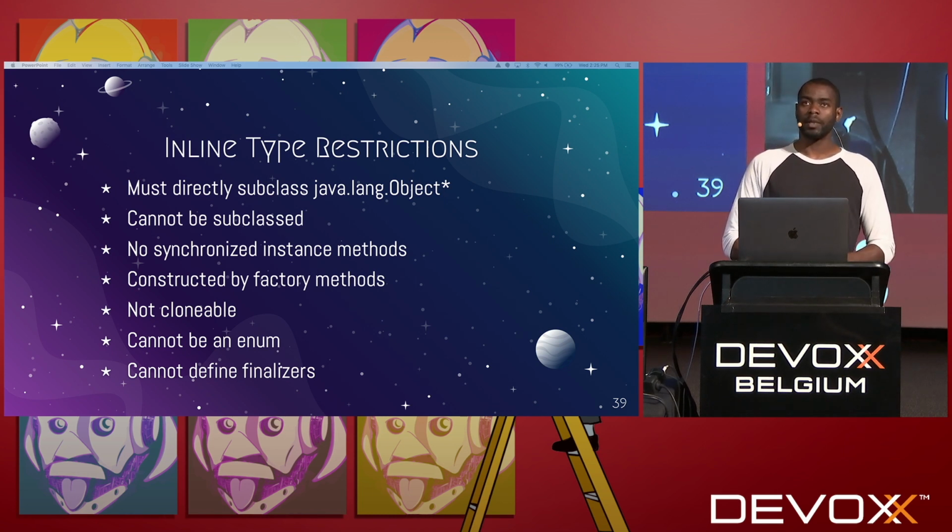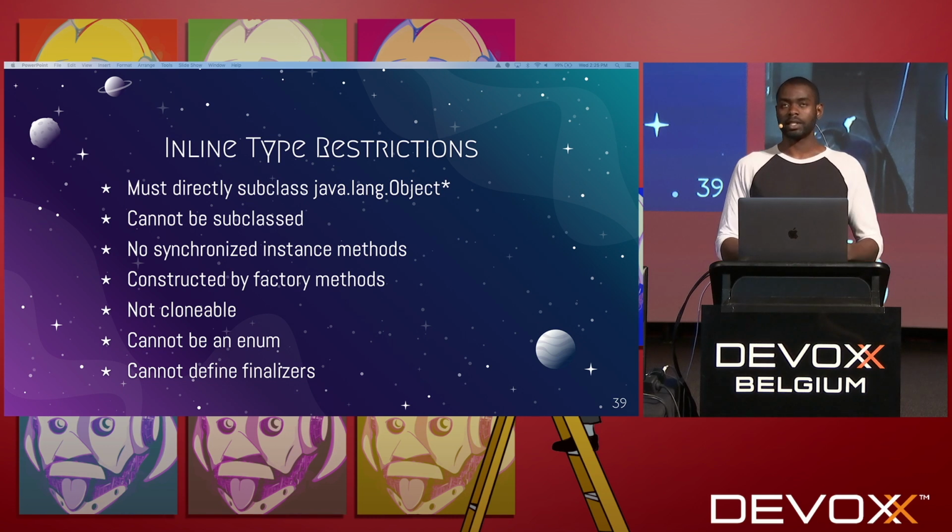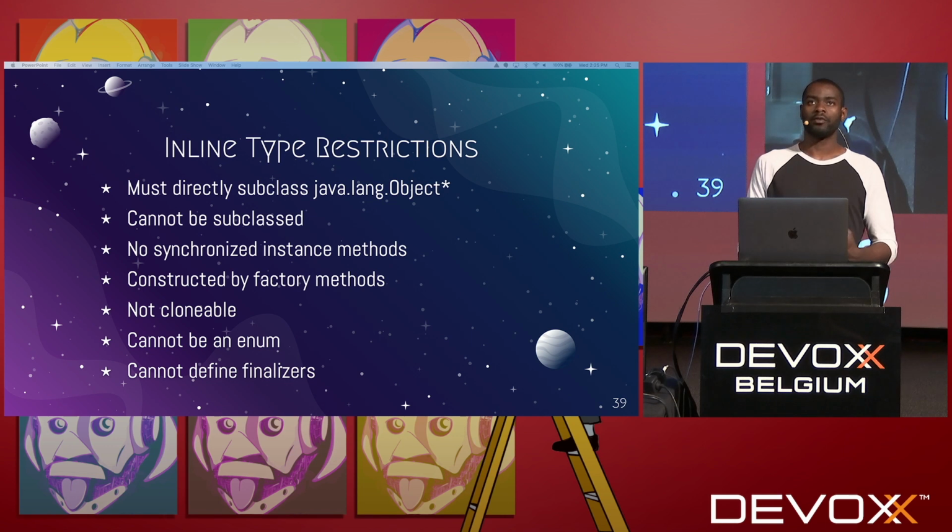So inline types cannot be subclassed. Since inline types may be flattened, a subclass can add more fields, which means that the flattened representation would have a variable size layout. So for this reason, they can't be subclassed. And since inline types are identityless, you can't perform identity operations like acquiring a monitor or synchronizing on them.